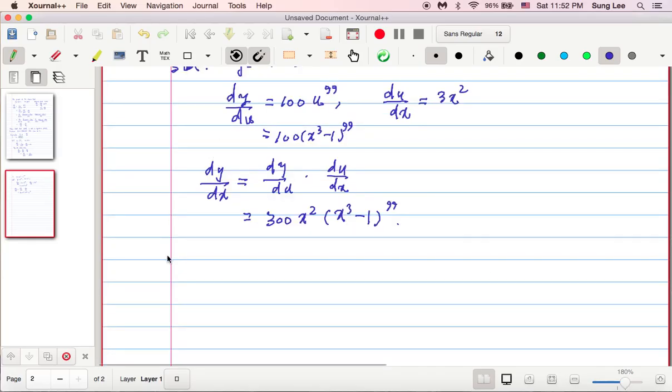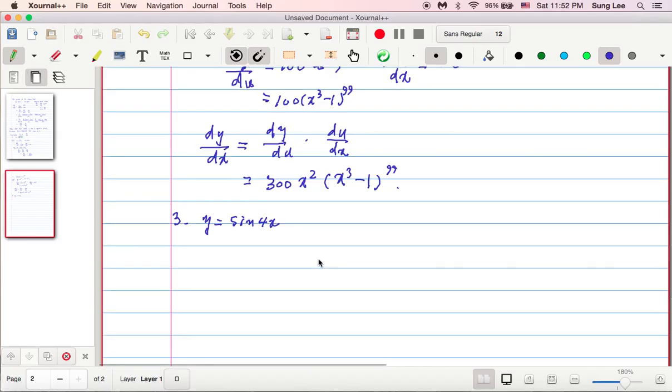Okay, so moving to the next example. y equals sine of 4 times x. In this case again, you don't see parentheses or brackets, but the innermost function can be easily identified. That's 4x.